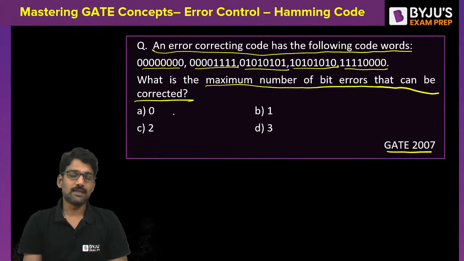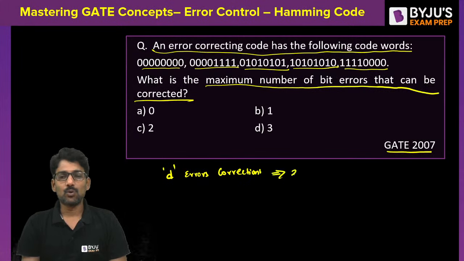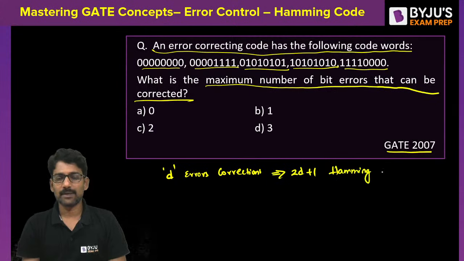We just discussed, to correct up to d errors, correction demands 2d plus 1 minimum Hamming distance, right?